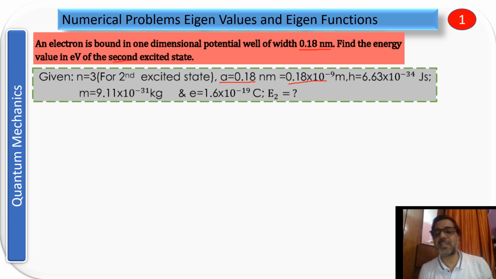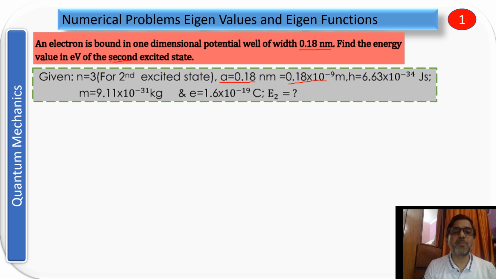Second excited state does mean n equal to 3, because you are starting from 1, 2, 3. So zero point energy you have already understood. If I'm saying it's a second excited state, the ground energy state will be E1, the first excited state will be your E2, and the second excited state will be your E3.